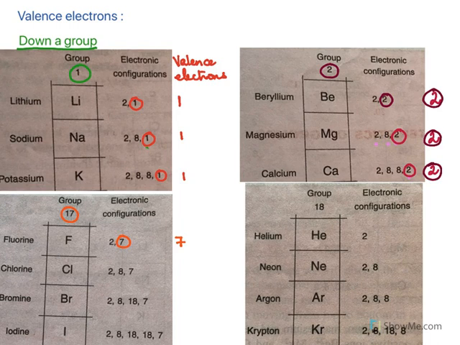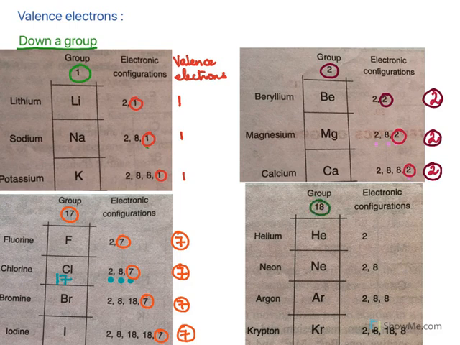Then you have chlorine with atomic number 17 and configuration 2, 8, 7. Electrons in the outermost orbit is 7. Then we go to bromine, also 7. We go to iodine, also 7. So in group 17, the valence electrons are all 7, hence they have similar properties.